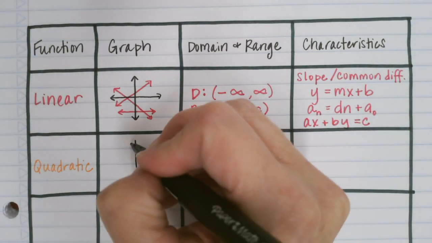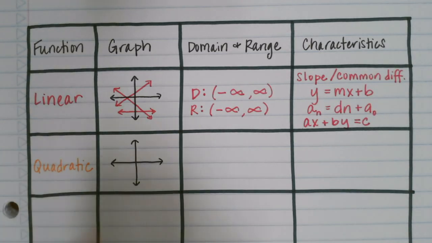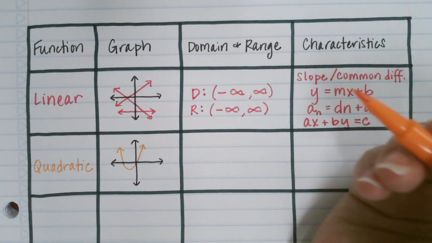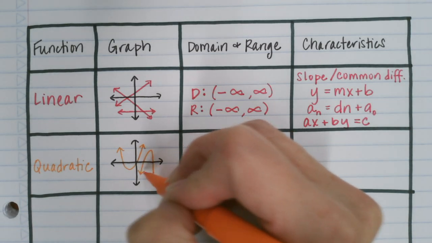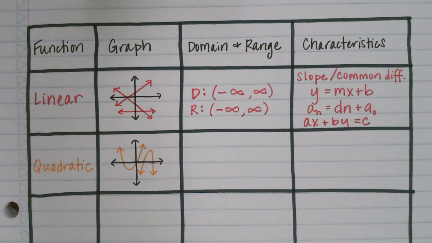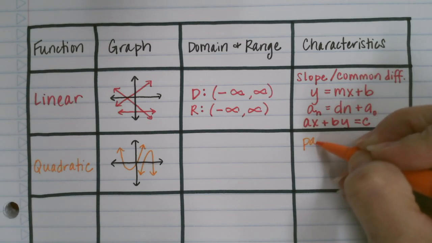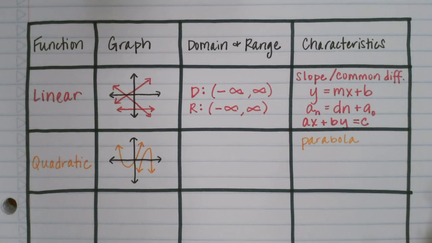But a quadratic function looks like this, or it could be one thinner and going down. So a quadratic function makes a U shape on the graph, and we call that a parabola. So I'm actually going to jump over here for a second. And when we graph a quadratic function, it makes a parabola.